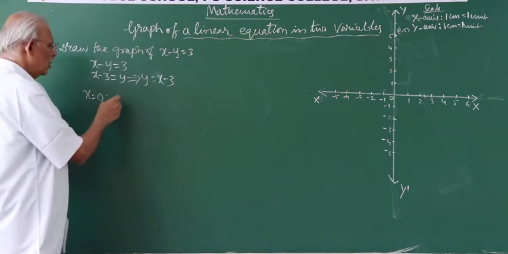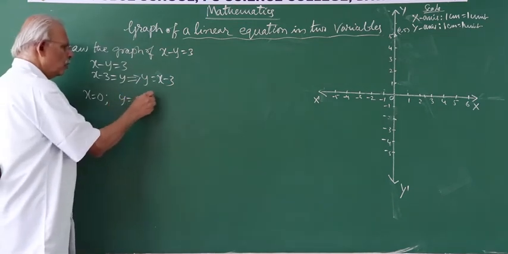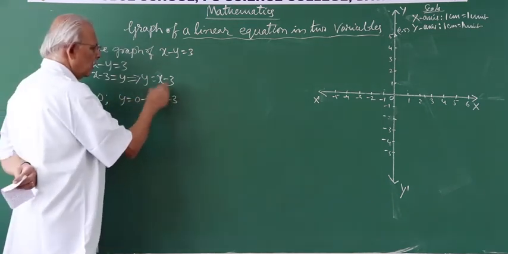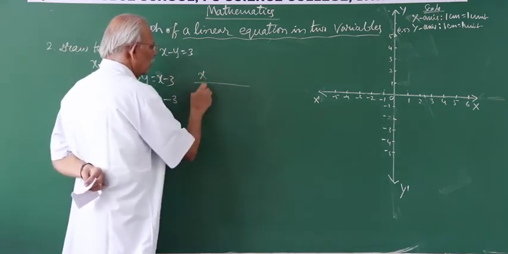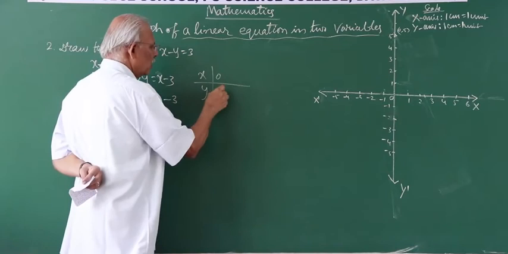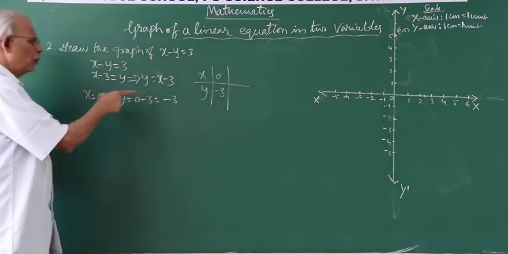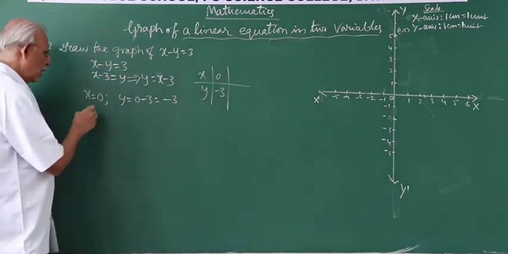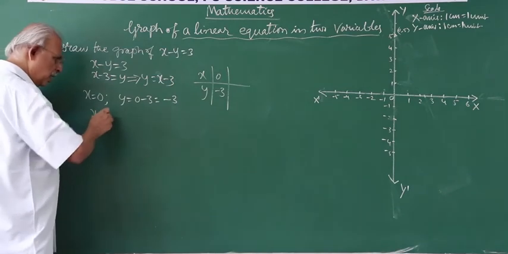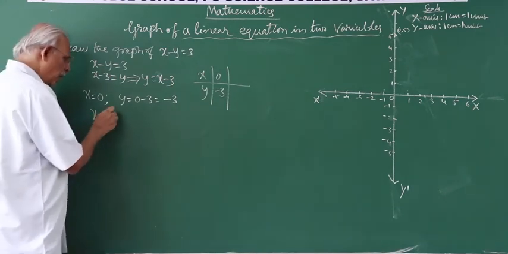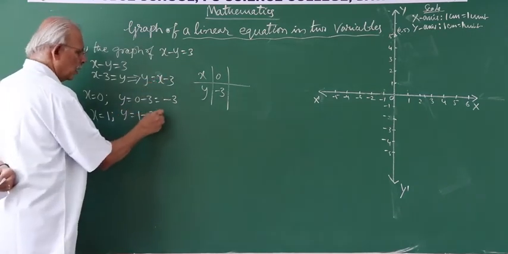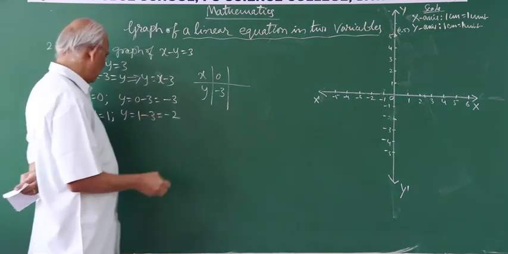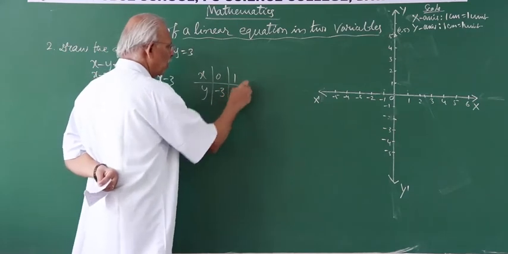Put x is equal to 0, y equals 0 minus 3, that is minus 3. So if you form a table like this, when x is equal to 0, y equals minus 3. Now put x is equal to 1, y equals 1 minus 3, that is minus 2.